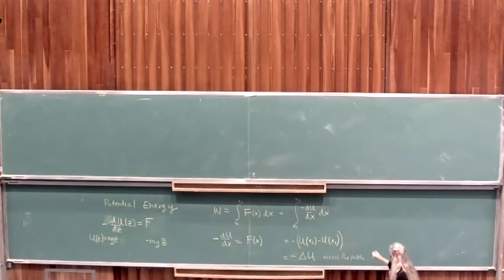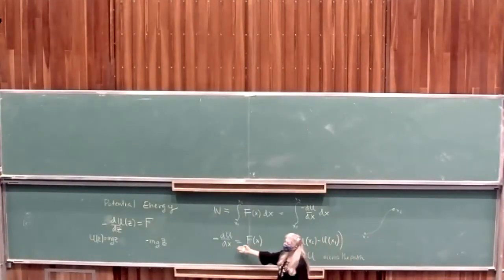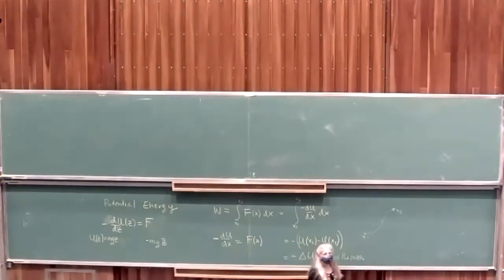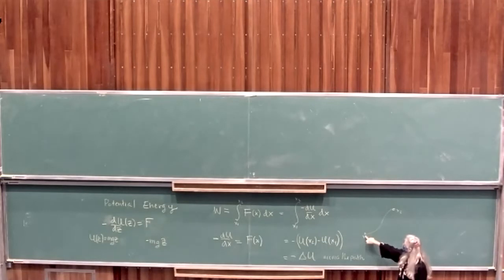What this is saying is, by integrating along the path, we're thinking about the work done along the path, and we have to add up all these little pieces. But if we describe it with a potential function, we don't need to worry about what happened along the path. We can just figure out what the potential energy was here and there, and we would know the work done.